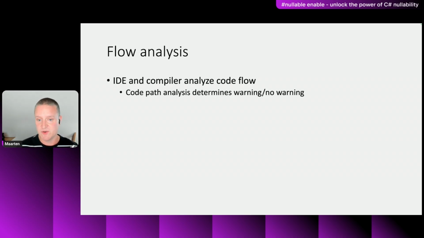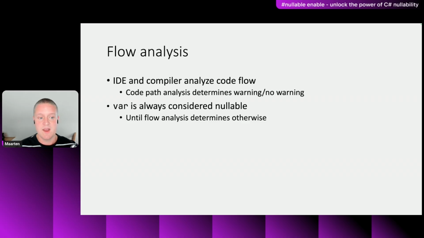It will basically go through things, and based on how you write your code, on how the code is structured and so on, you will get different warnings or no warnings at all. var is always considered nullable, again, because you're writing code where you never know whether later in a code path, for example, you're going to assign null to that var, so you never know, unless flow analysis determines otherwise, where the var is never assigned a null value. It's always going to complain and say, hey, this might potentially be null, and give you warnings there.